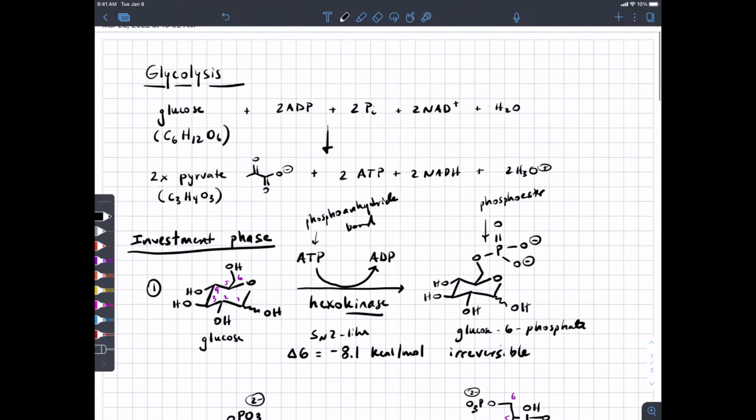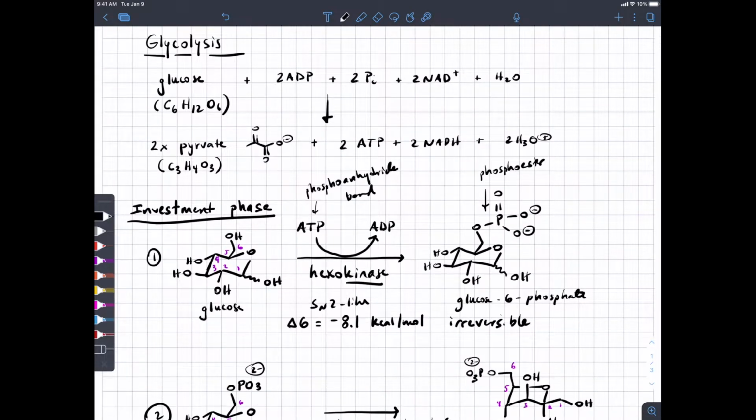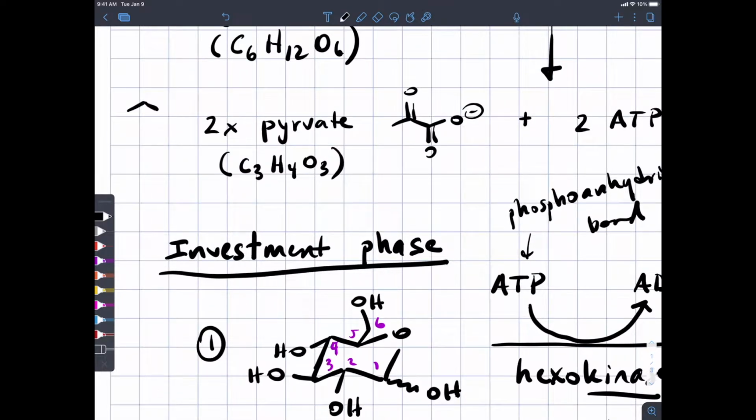All right. So the purpose of glycolysis is to break glucose up into 2 equivalent pieces and to generate as much ATP and NADH as we can along the way. The molecule that we're going for is called pyruvate, and maybe I've drawn it for you before.